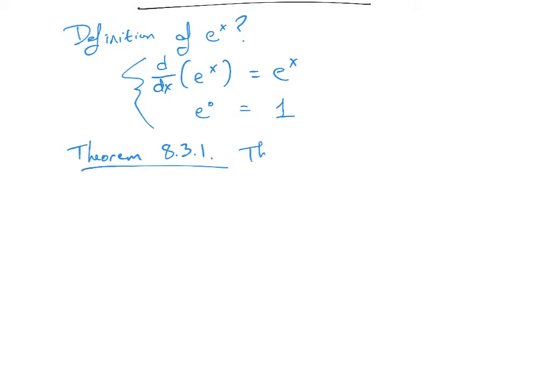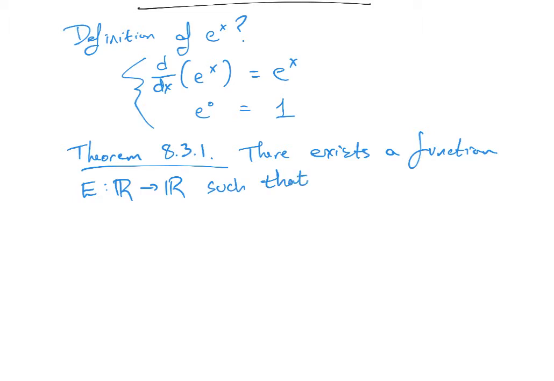There exists a function, we'll call it capital E. It maps from R to R such that, well, it does the two properties we want.